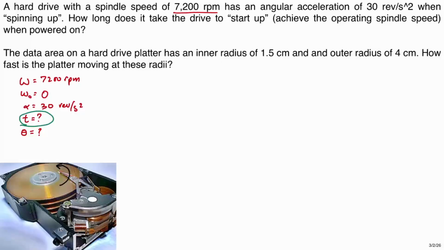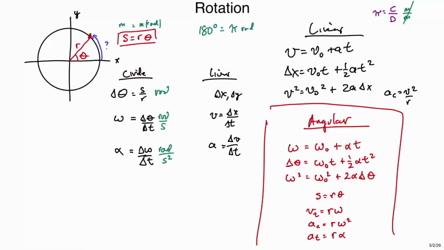All right. Did everybody say the first one? No? Why not? You want to use the third instead? What's wrong with using the third one? Doesn't have time in it. And we don't know the theta, right? What's wrong with the second one? Don't have time, and that's quadratic, and we don't have theta.